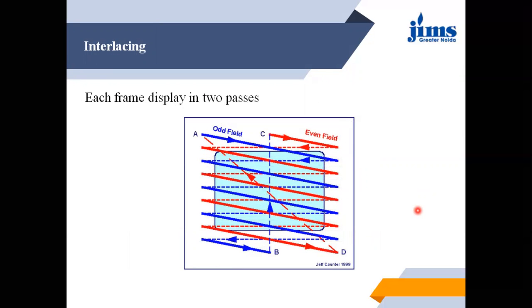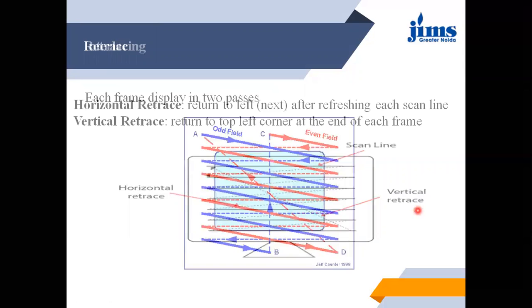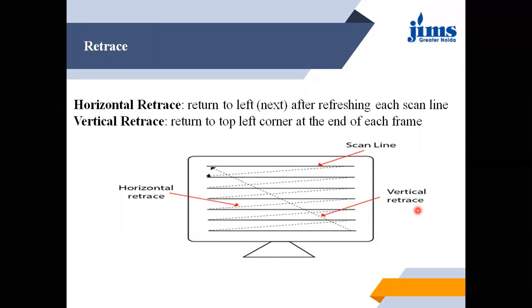Sometimes the beam does not display each and every scan line one by one. As you can see over here, this is scan line number 1, this is 2, this is 3, this is scan line number 4, and this is scan line number 5.